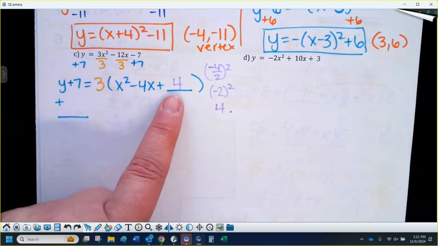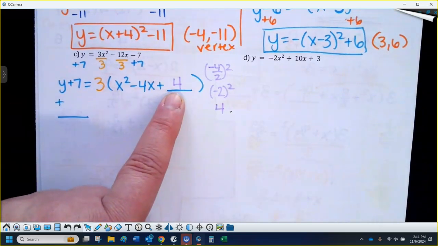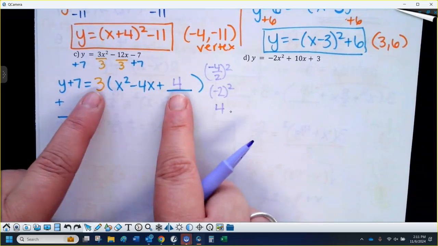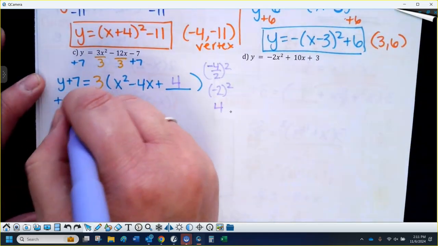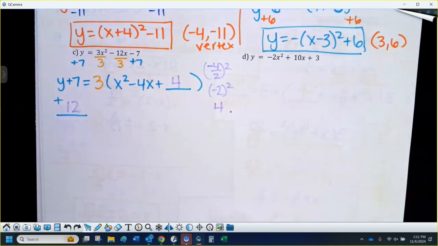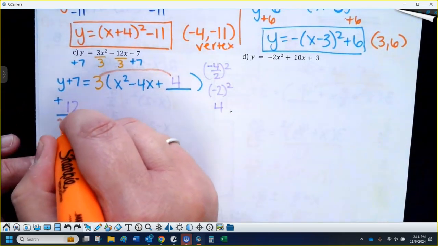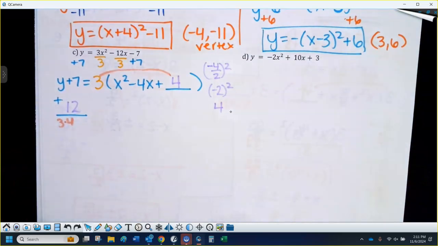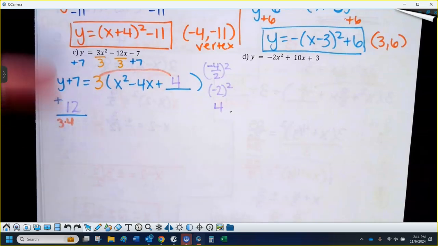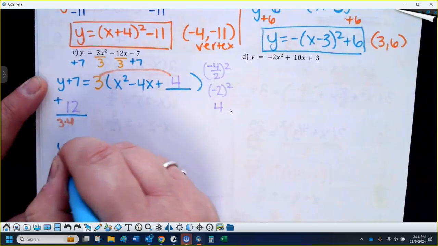What did I really add to this side of the equation? 12, because it's 3 times 4. This is 12. I guess I should be writing this. So if I take 3 times 4, that's why I'm putting 12 there. All you got to do, just add the numbers on this side, so y plus 19.